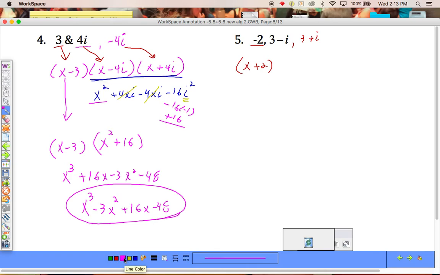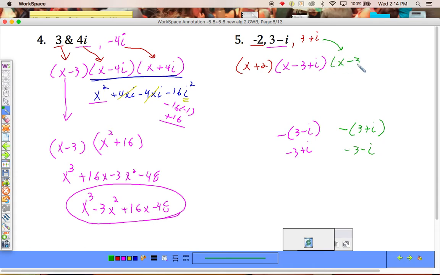If my solution is 3 minus i, the opposite of that is changing both of them. Because if I do the opposite of 3 minus i by putting a negative on the outside, it becomes a negative 3 plus i, which is my opposite, so it's going to be x minus 3 minus i. When you have a binomial, two terms, and you want the opposite, you have to change everything.